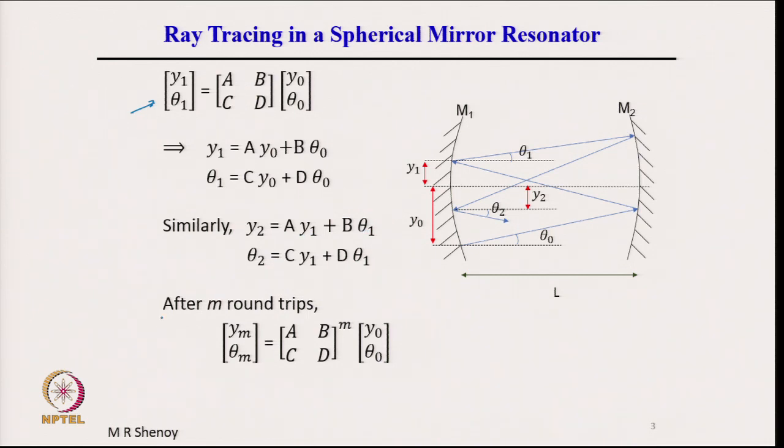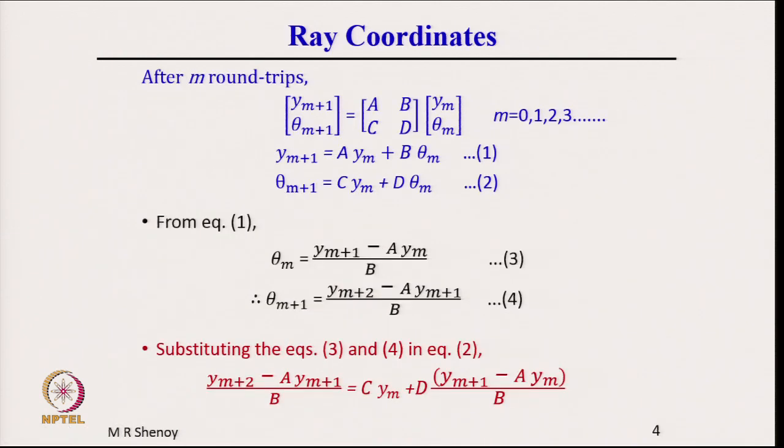After m round trips, the two coordinates y_m, theta_m are given by the ABCD matrix to the power m into y0, theta0. That is quite straightforward.